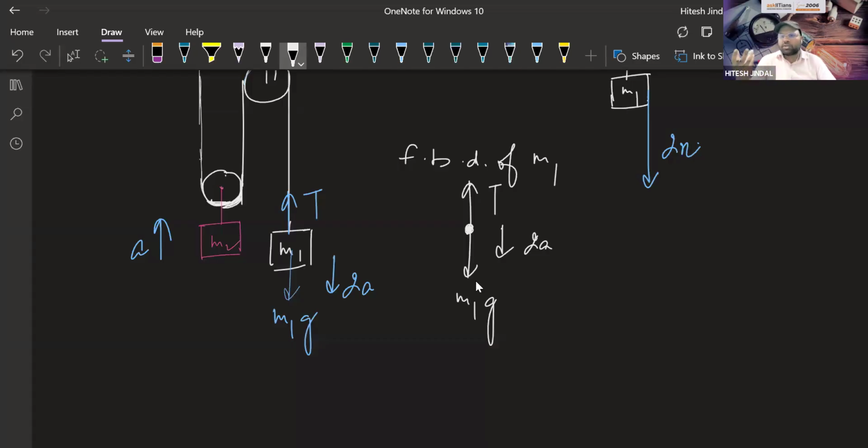Now from where is that net force coming? That net force is coming due to the difference between M1G and T. So M1G must be greater. So M1G minus T is equal to M1 into 2A.